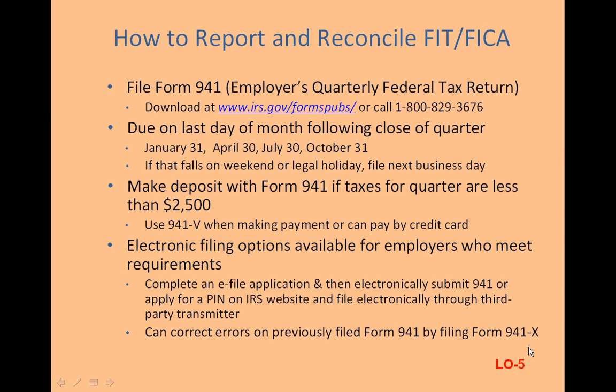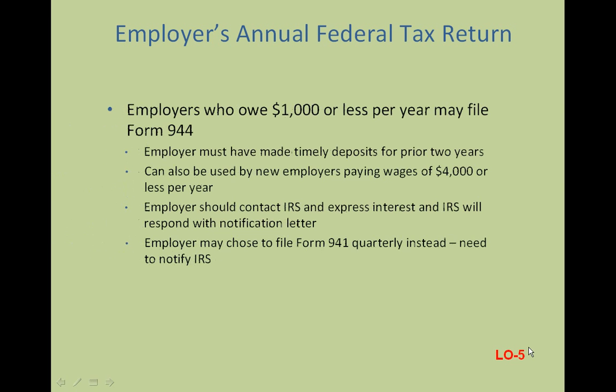Okay, so the employer's annual federal return. Let's talk about that just for a minute as we wind up this discussion of Chapter 3. This slide is just explaining that there are some employers with very small obligations total over the year, and there's a shortcut or a more simplified way to deal with this whole problem. If you owe less than $1,000 per year, you can choose to file this form here.